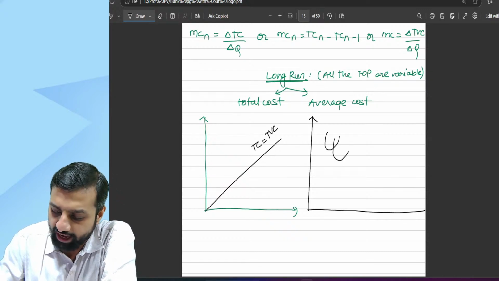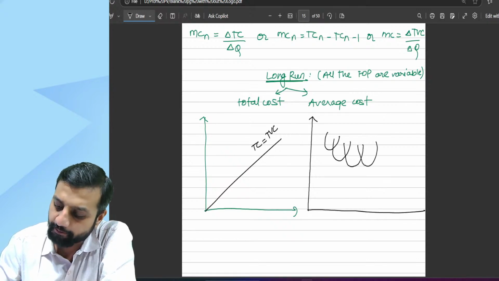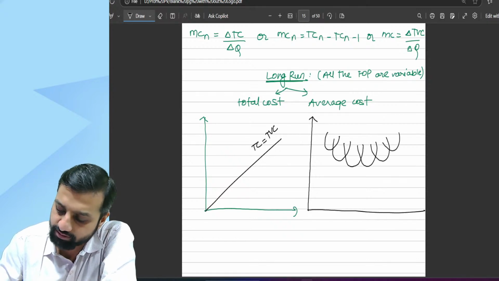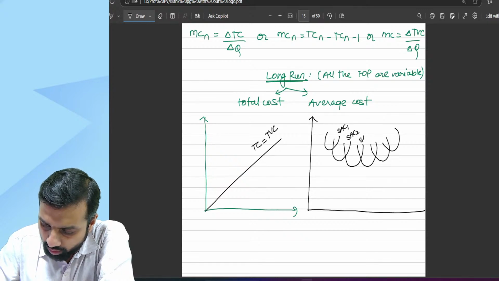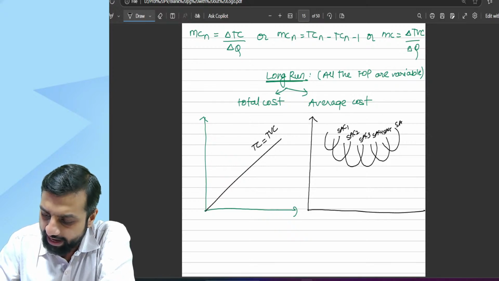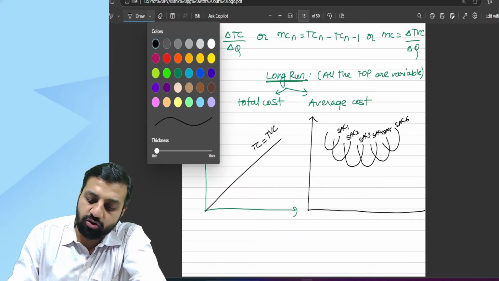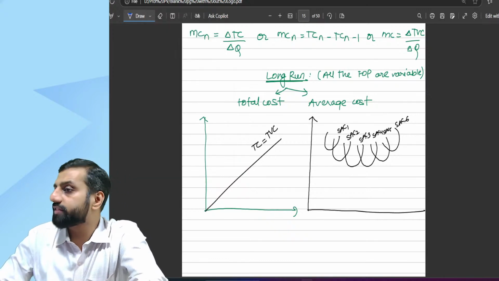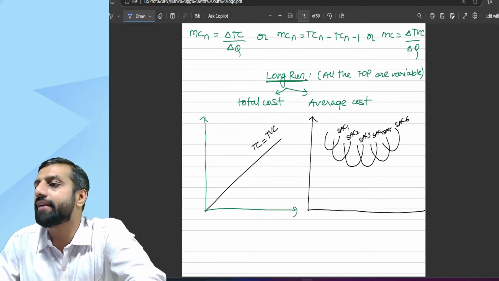Average cost is derived from a series of SAC curves. So this is my SAC 1, SAC 2, SAC 3, SAC 4, SAC 5, and SAC 6. Short run average cost curves, when all of them are joined together, become a long run average cost curve.